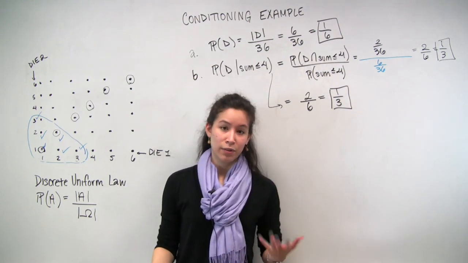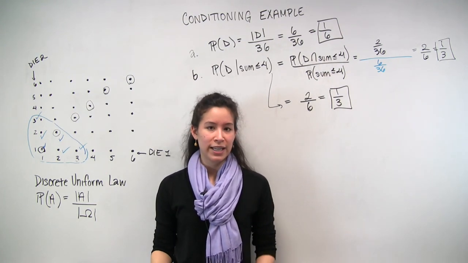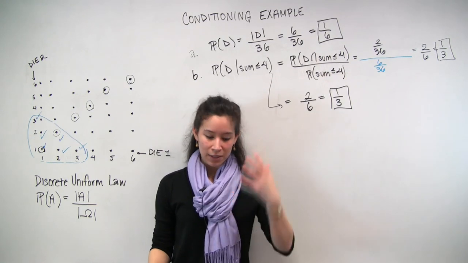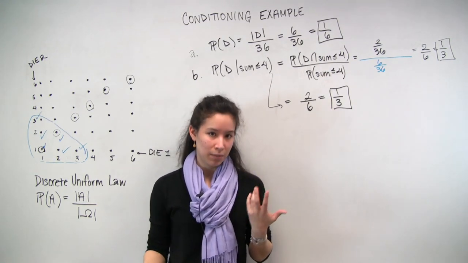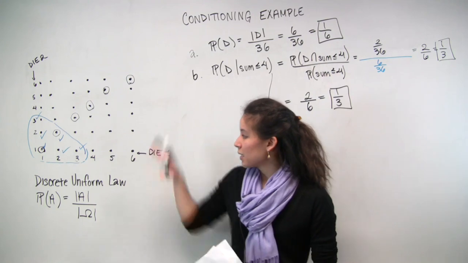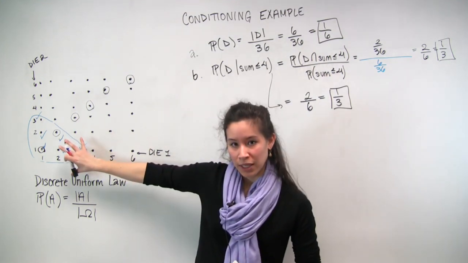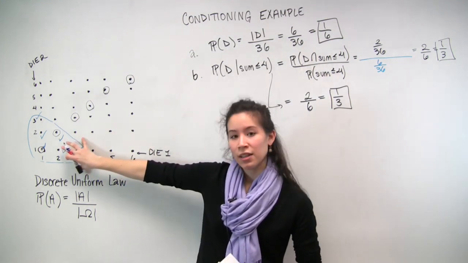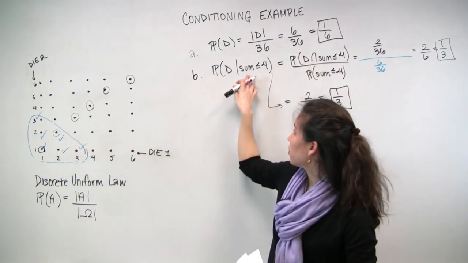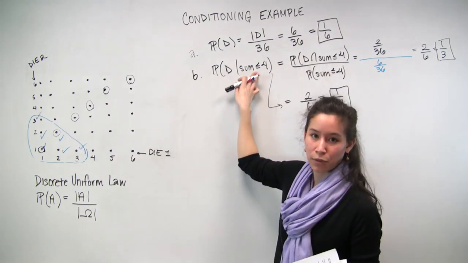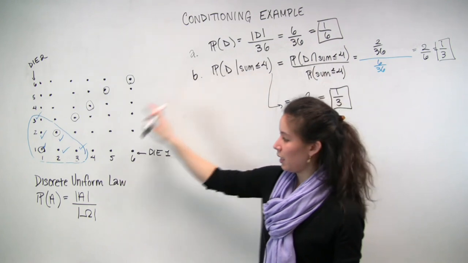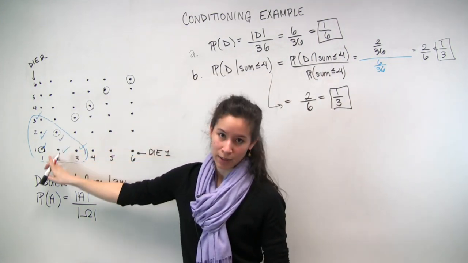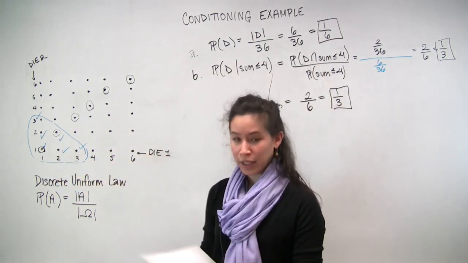I happen to prefer the second one because it's slightly faster, and it makes you think about what conditioning really means. Conditioning means you're now restricting your attention to a conditional universe, and given that you're in this conditional universe where the sum was less than or equal to 4, what is then the probability that doubles also happened? Okay. Hopefully you guys are following.